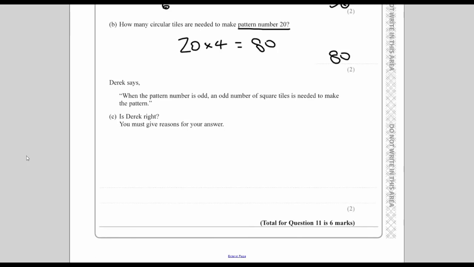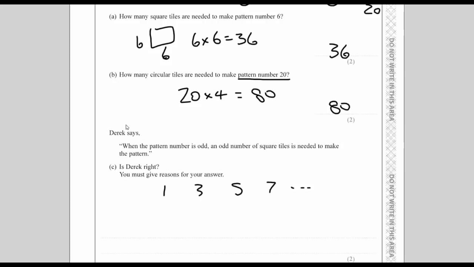Next one. Derek says, when the pattern number is odd, an odd number of square tiles is needed to make the pattern. Is Derek right? You must give reasons for your answer. So odd numbers are 1, 3, 5, 7, etc. Let's look back at our patterns.